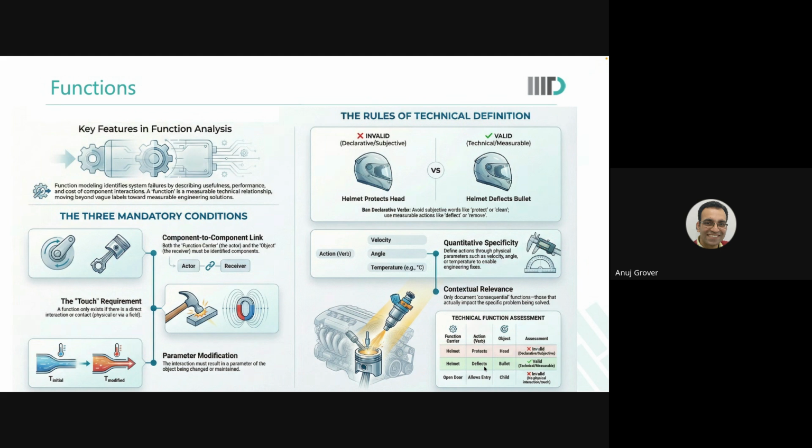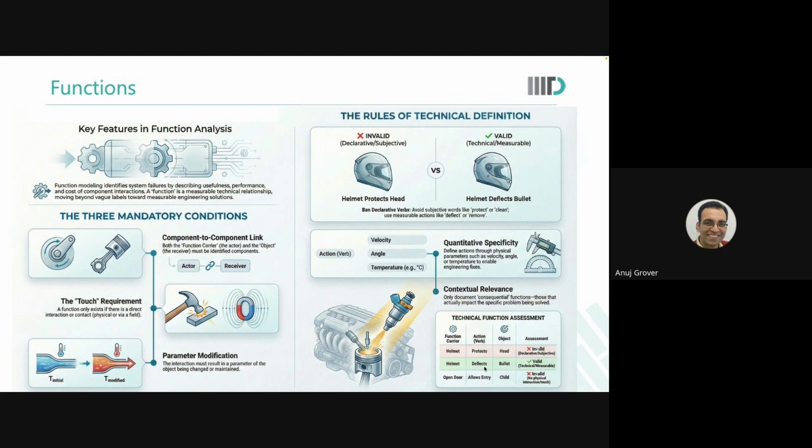They have two components of the engineering system or super system: a carrier and an object of the function.